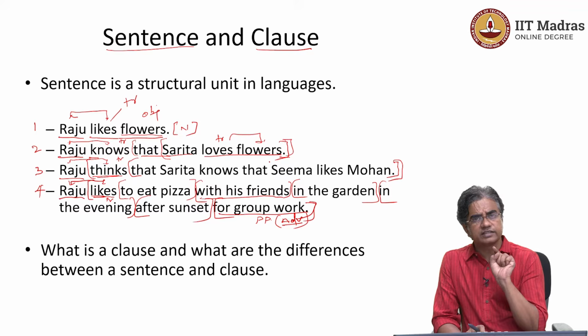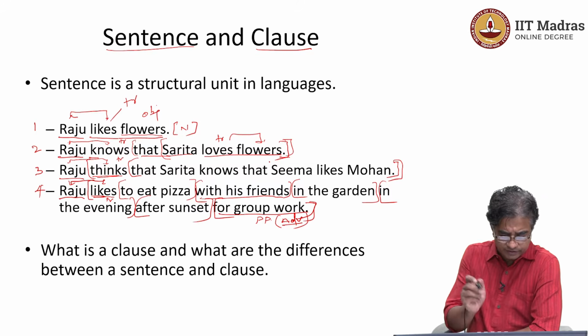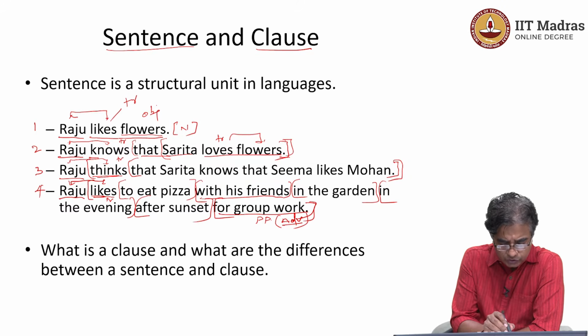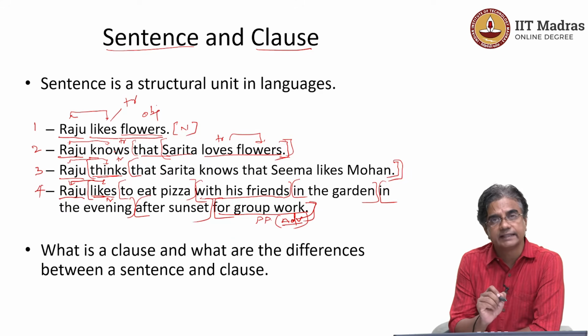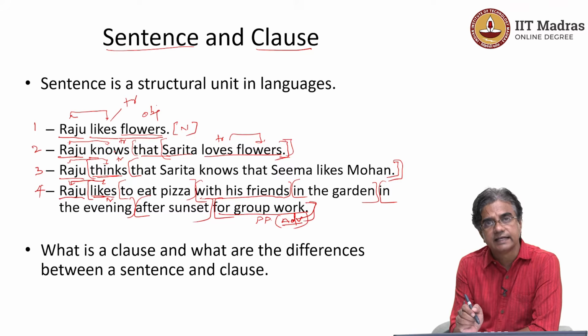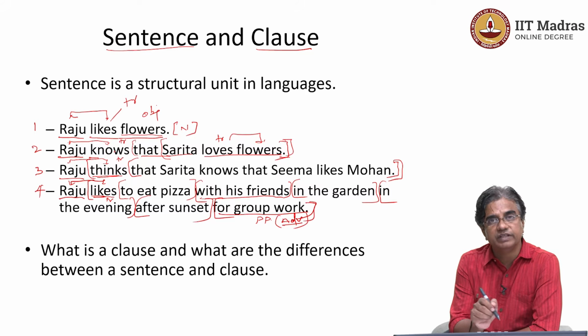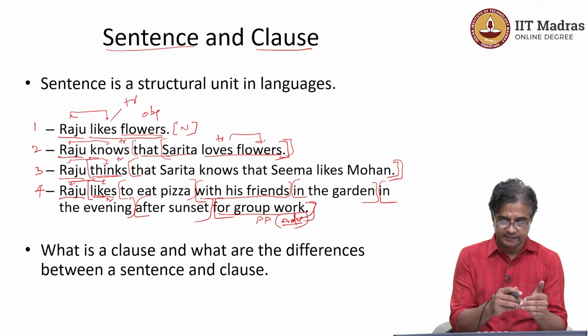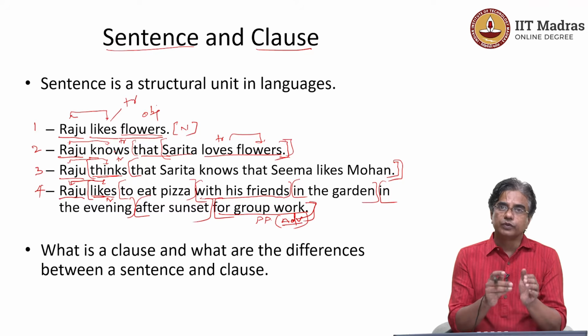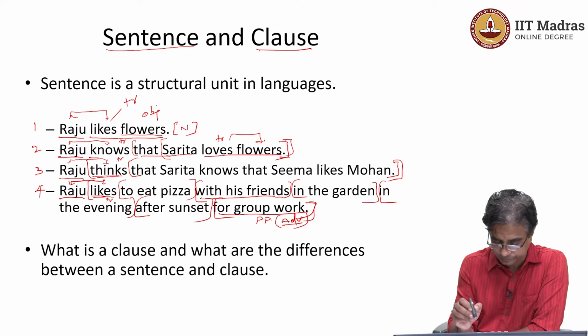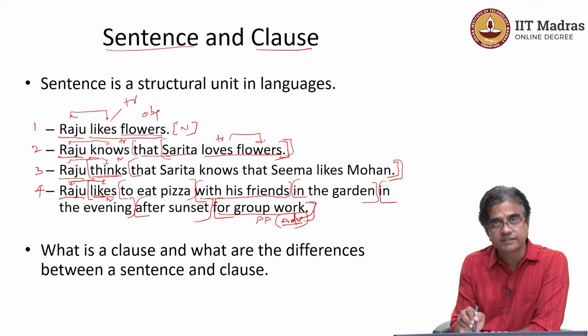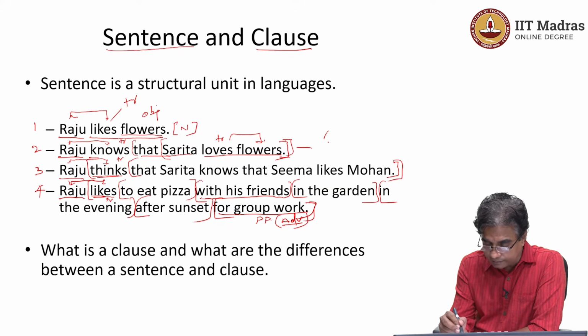Same thing you observe in the third sentence. The object of the verb know is a sentence, and therefore this sentence is embedded within the matrix sentence. So what is embedded is called a clause. So that Sarita loves flowers can be called a clause.